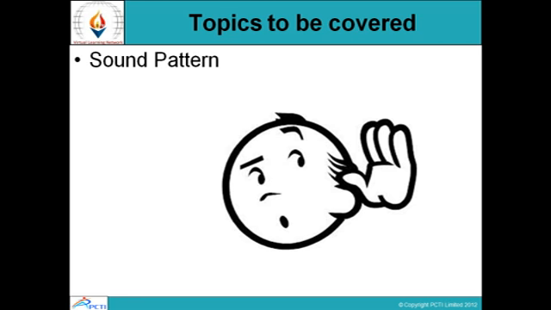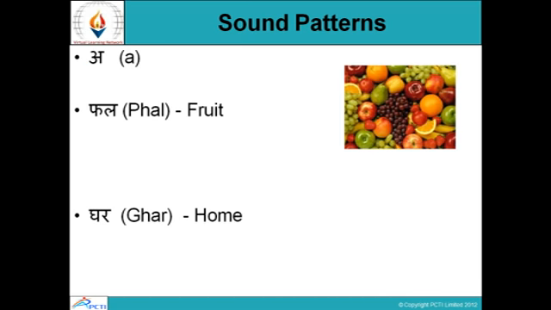We will now learn the sound pattern from each alphabet. Different vowels we call swar, and consonants we call vyanjan. Let us start with vowels first, that is swar.